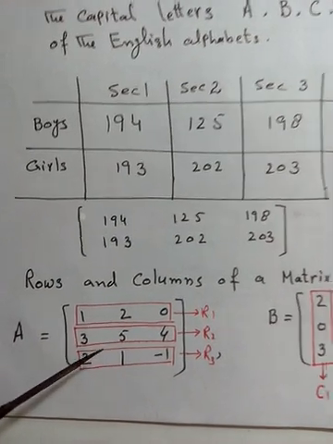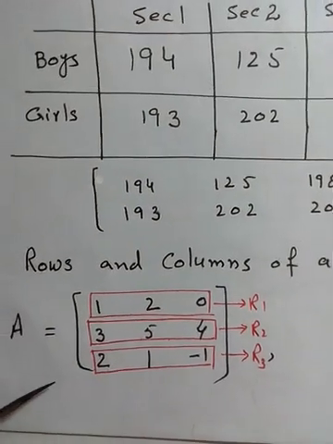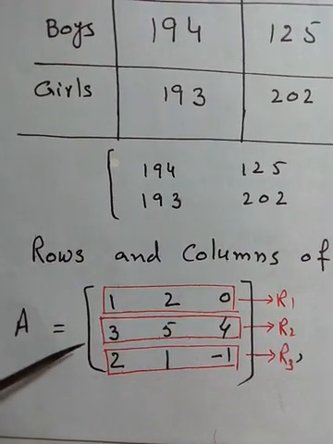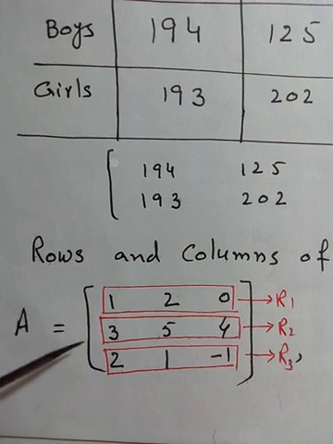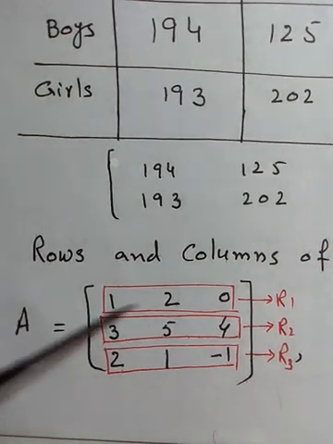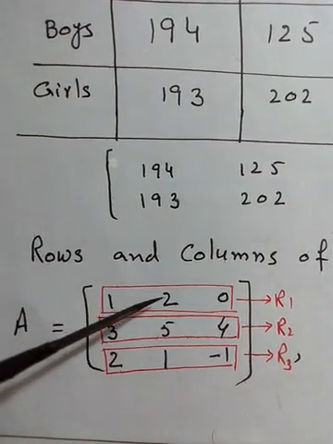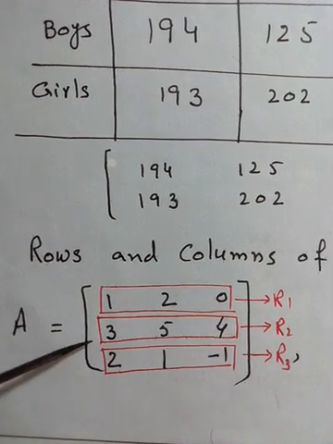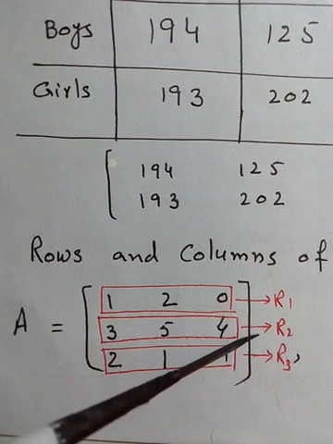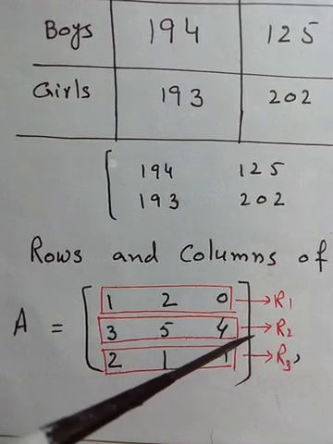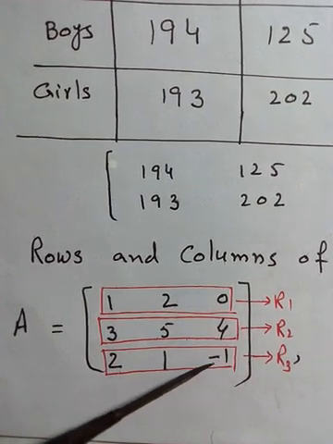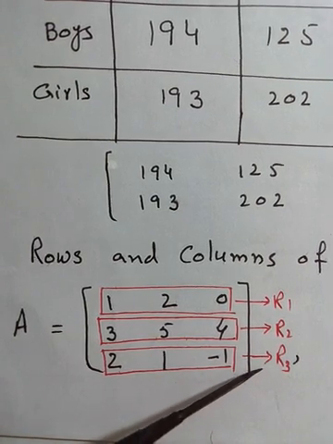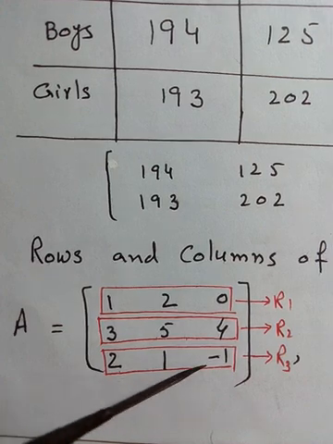Now rows and columns. If the entries are represented in a horizontal way, these are known as rows. In this matrix A, the elements from left to right, 1, 2, 0, represent row number 1, and 3, 5, 4 is represented by R2, row number 2, and 2, 1, minus 1 is represented by R3, row number 3.